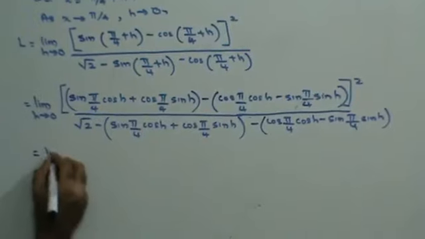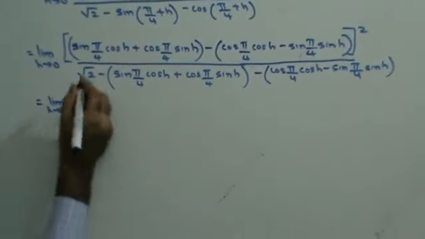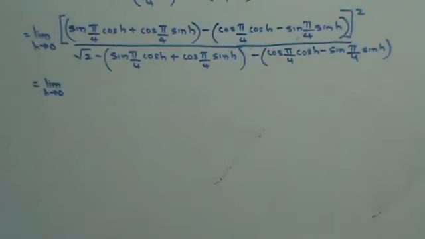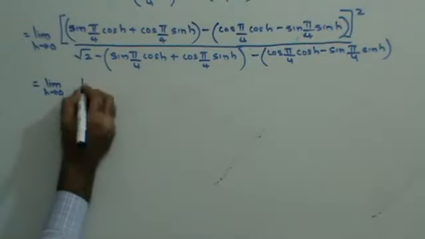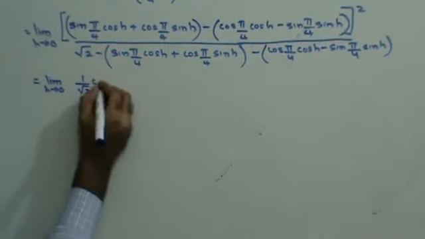Now, this is going to be limit of h tends to 0. This is sin 45. Sin 45 is 1 by root 2 cos h.